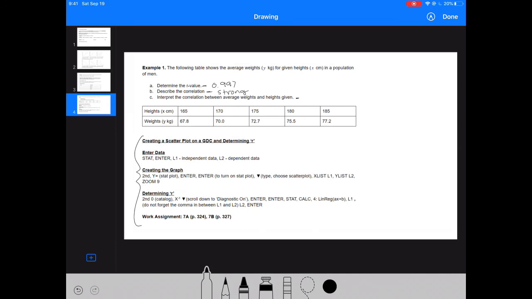And in order to interpret that correlation, we would say as height increases, weight also increases. Down below are some practice questions on determining the correlation of different relationships.